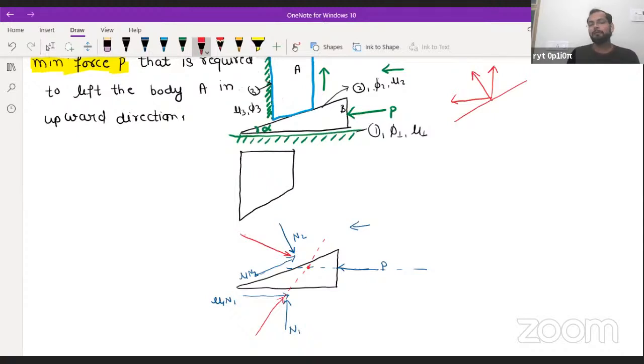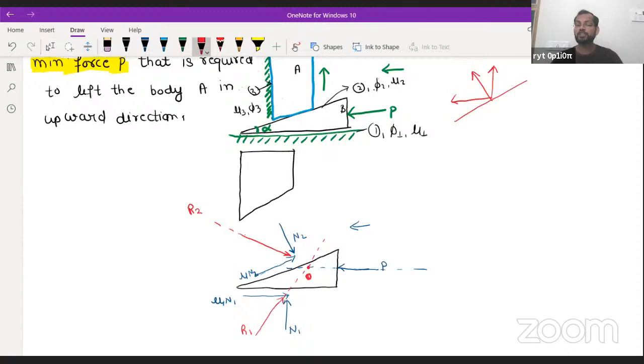Now, just tell me what will be the condition of the line of action of this resultant R2, from where it will pass. As you know, there is one force, and we are assuming that there is one contact force that is developed here.